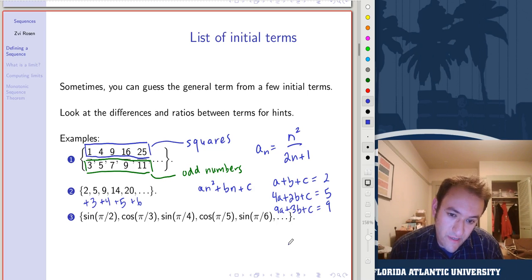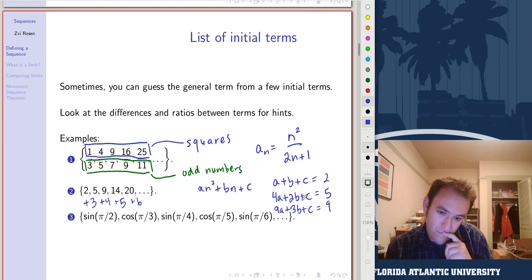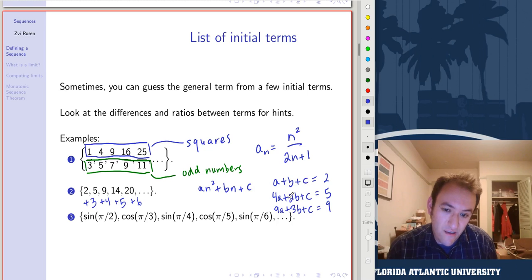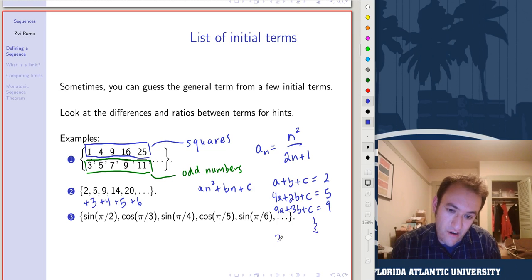Well, one way to do this is to combine equations. Let's subtract the first equation from the second equation, and we can follow this down here. We'll get 3a plus b equals 3.